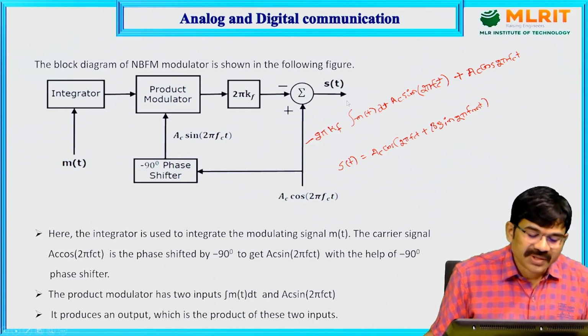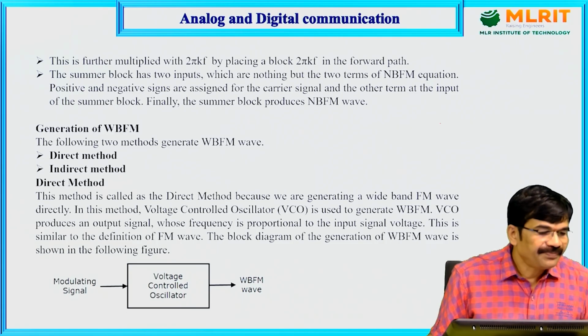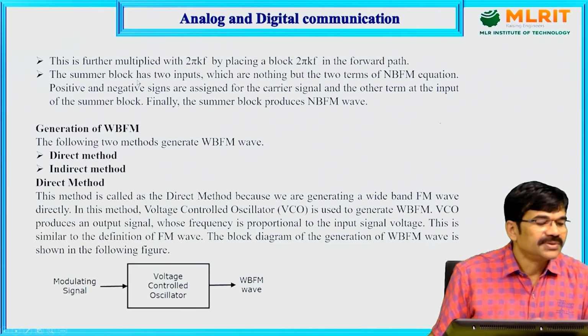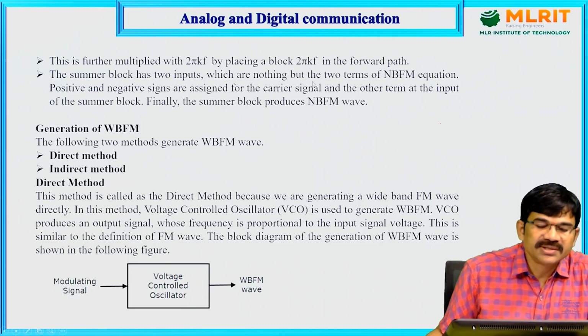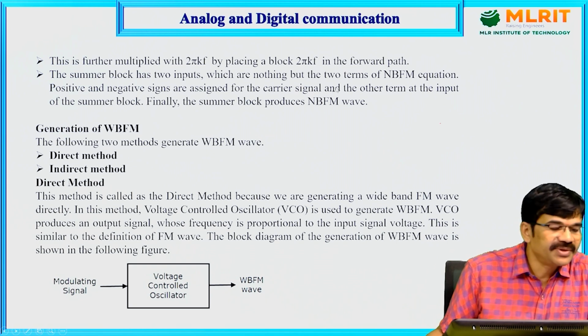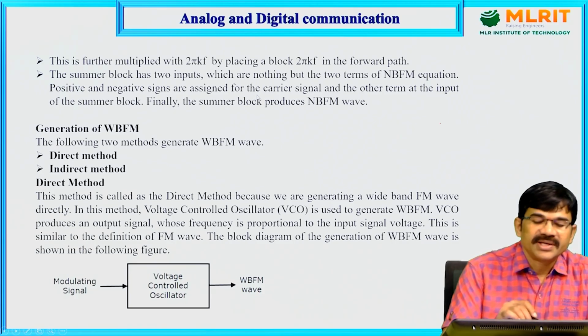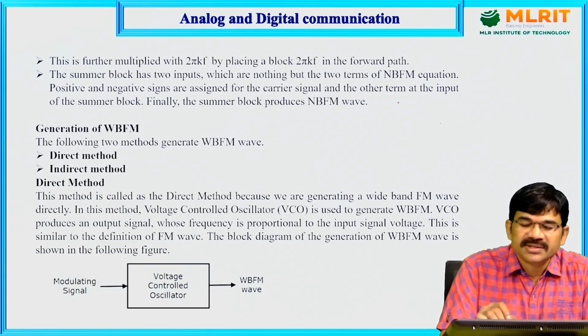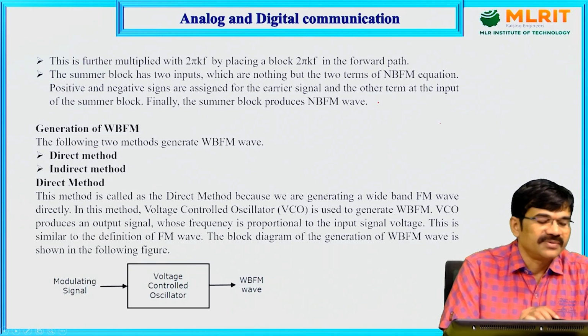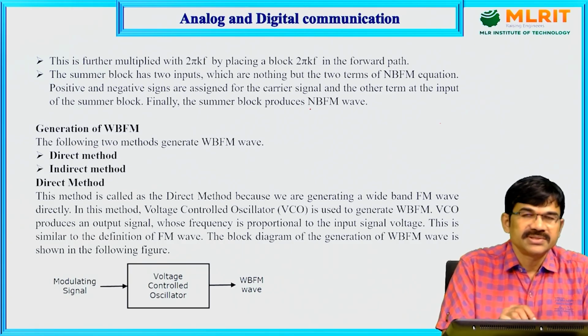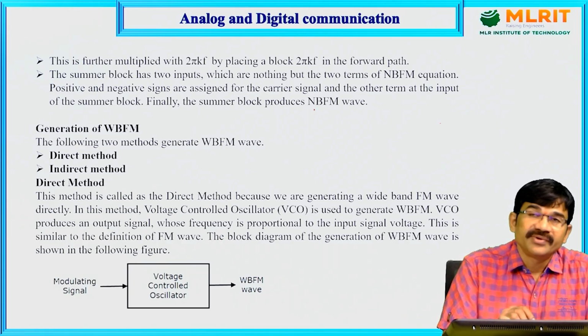Okay, so now the summer block has two inputs, which are nothing but the two terms of the narrowband FM equation, with positive and negative signs assigned for the carrier signal and the other term at the input of the summer block. Finally, the summer block produces the narrowband FM wave.